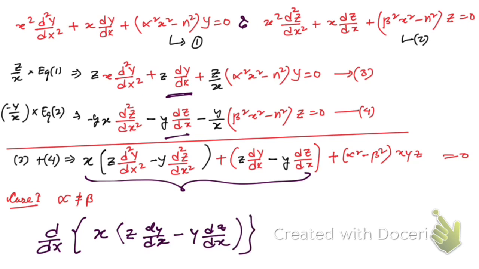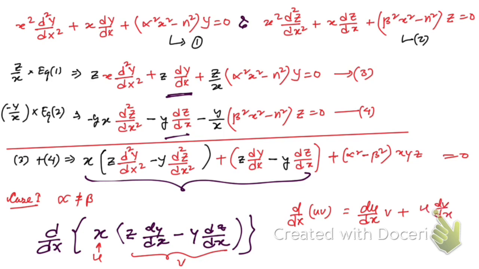Why? Let me tell you. If you consider this as u and this one as v, and apply the rule d/dx of u times v, where u and v are functions of x, we get du/dx into v plus u dv/dx.